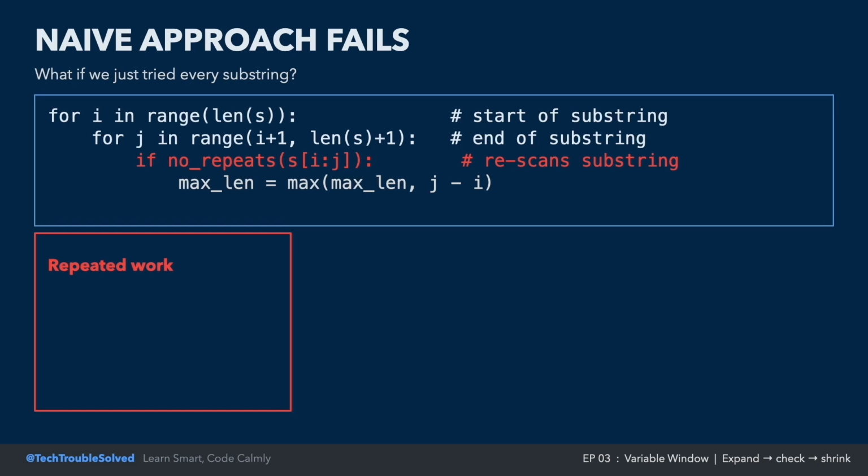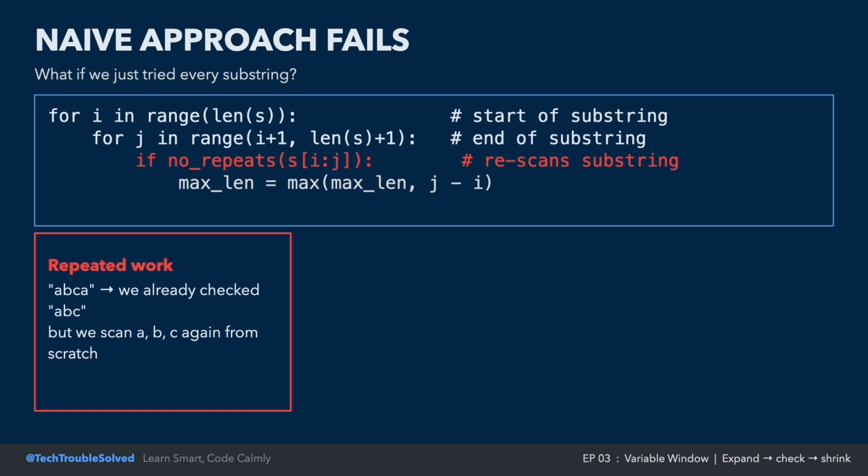Imagine you are checking the substring A, B, C, A. You scan through it. A, B, C, A. Duplicate found. Okay, move on. Next iteration, you check A, B, C, A, B. You start scanning again. A, B, C. Wait, you already checked A, B, C just now.